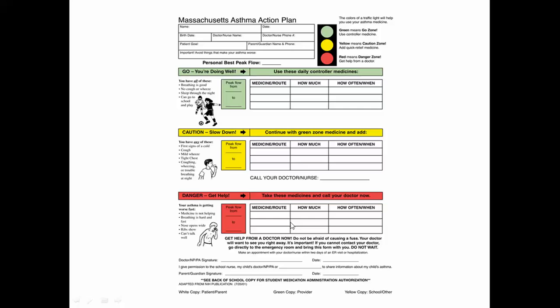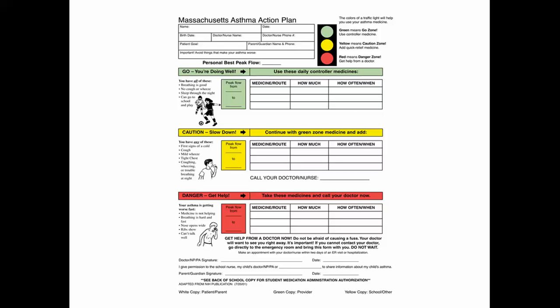Then there's the red zone. The red zone is the danger zone or the medical alert, and that's where the child is below 50% of their personal best value. That means that they have severe airway narrowing, and they need to be given their short-acting bronchodilators if they haven't already done so.